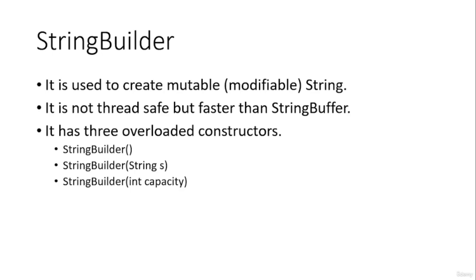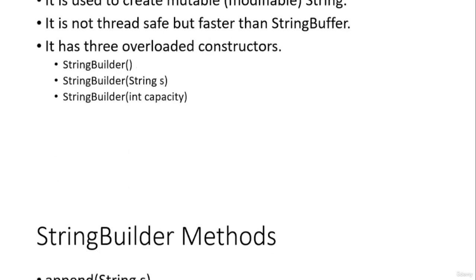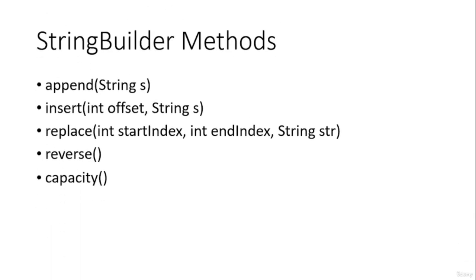Next are the three different constructors of string builder, the same as string buffer: the no-parameter constructor, the constructor which takes a string as its parameter, and the constructor which takes capacity as its parameter. The methods are all the same as in string buffer.